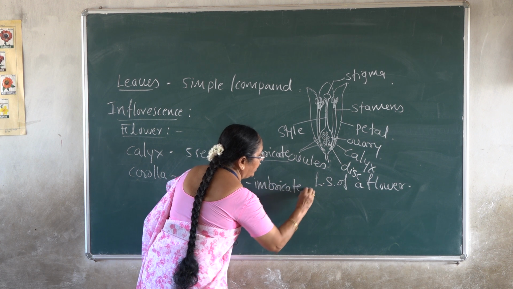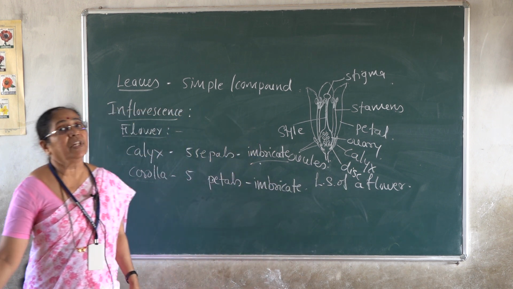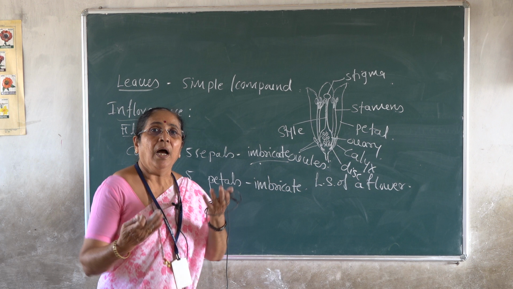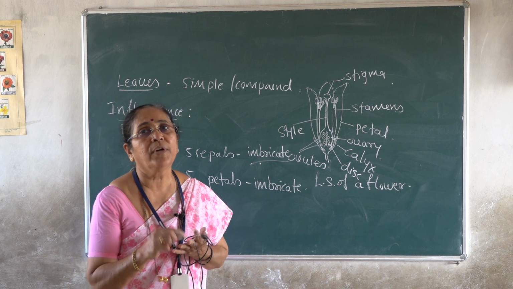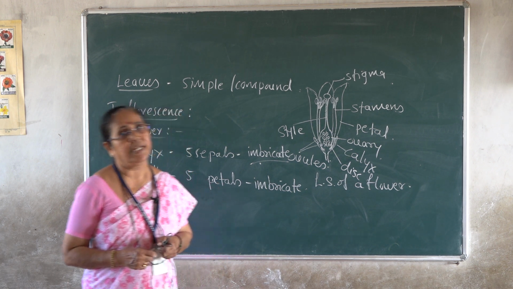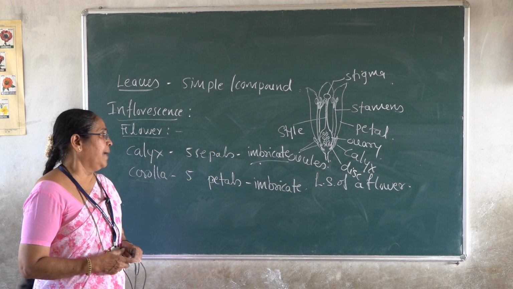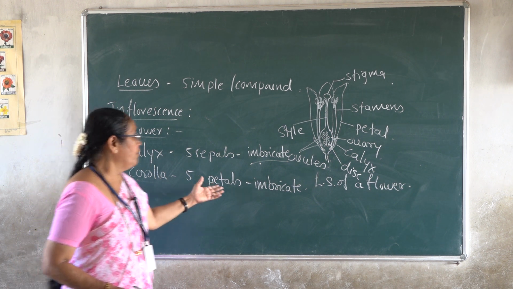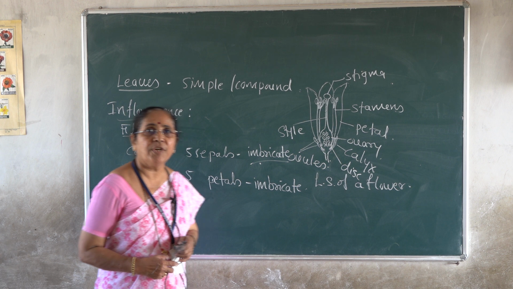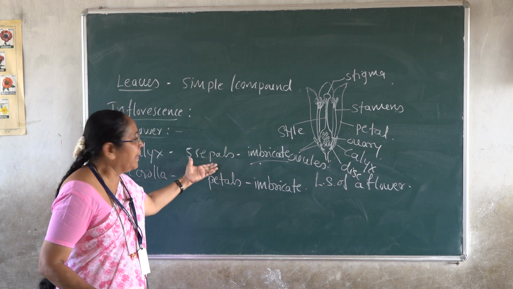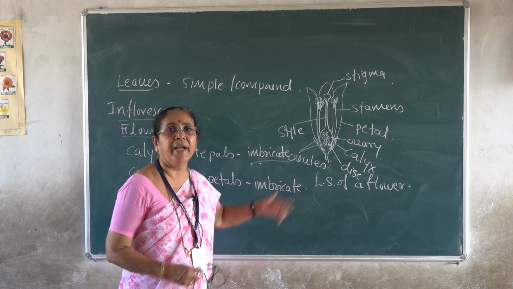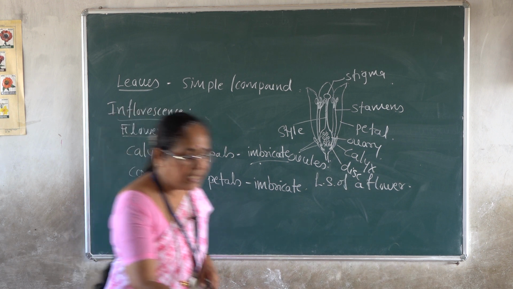Again it is 1 in, 1 out, 3 partly in and out. If you observe the petals with your naked eye, you can make out translucent glands present over the petals. That is why the flowers in the family are highly scented. So 5 petals, polypetalous with imbricate estivation, and 5 sepals slightly fused or free with imbricate estivation, are the features of the calyx and corolla.